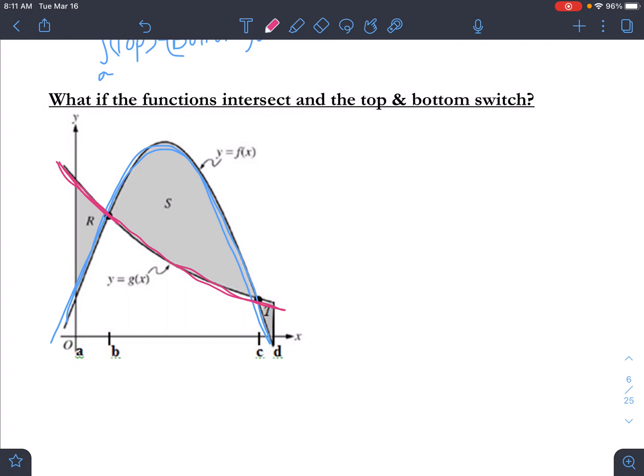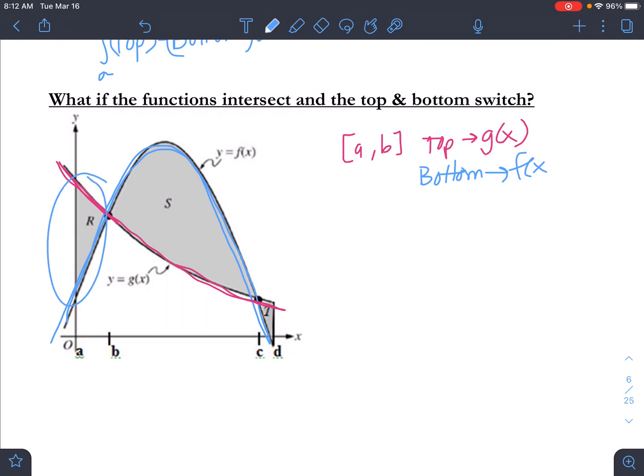From a to b, the top function is g of x, in pink, and the bottom function is f of x, in blue. So in this area, if I asked which one's on top, you'd say pink, and the bottom is blue. So that would be a setup to find R.